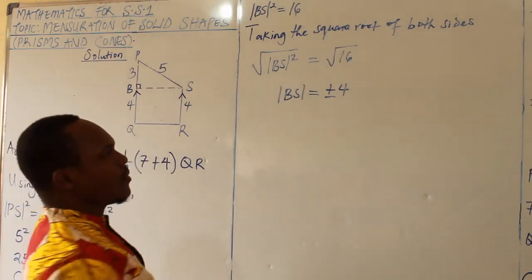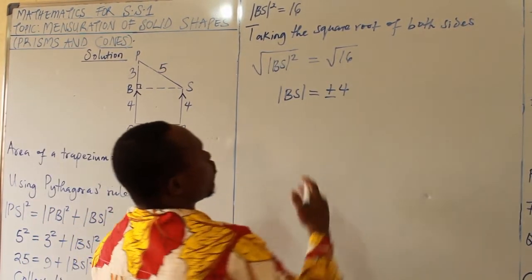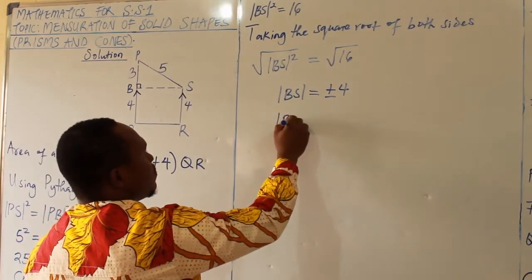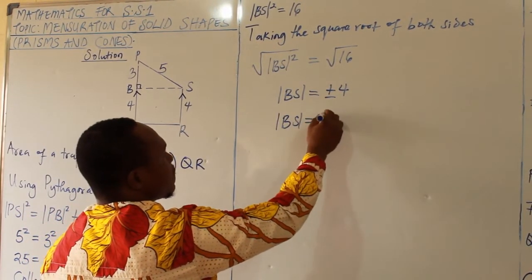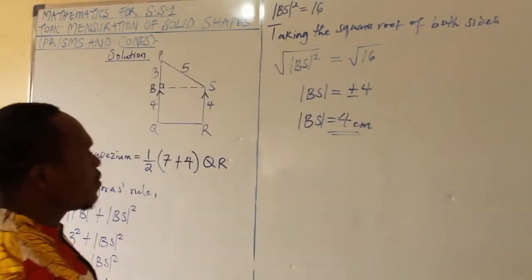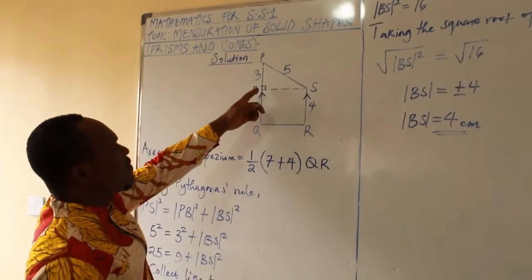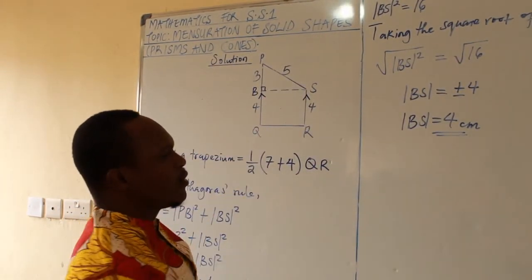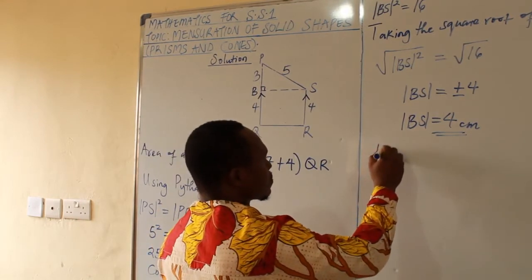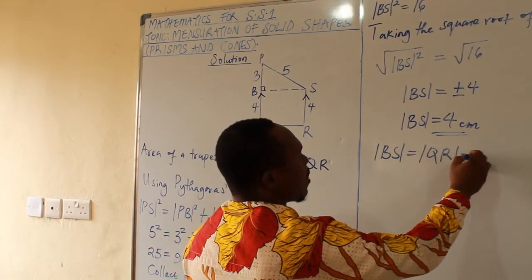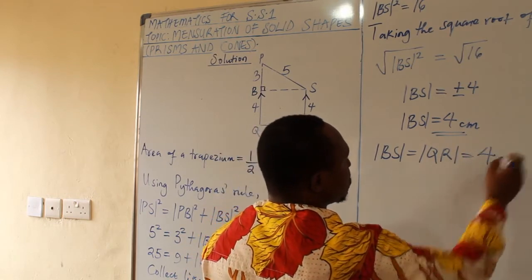But since we are looking for the positive value, BS will be equal to 4 centimeters. So we have been able to find the length of the line BS. Since BS is also equal to QR, the length of the line QR is equal to 4 centimeters.